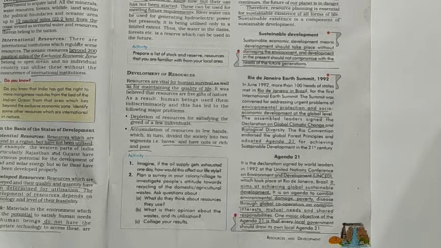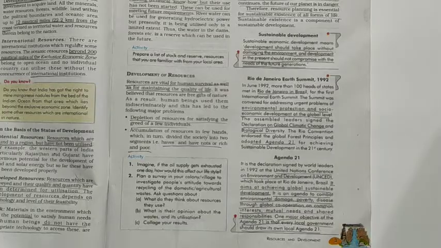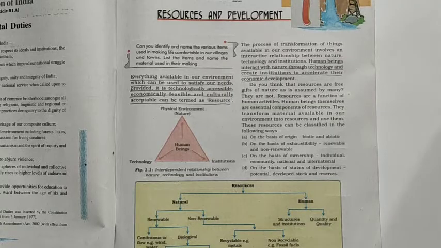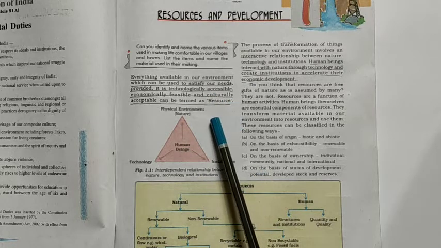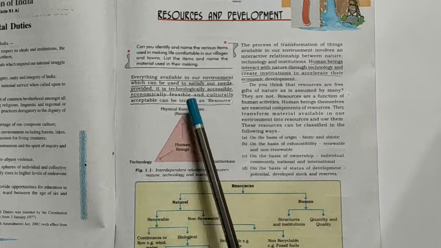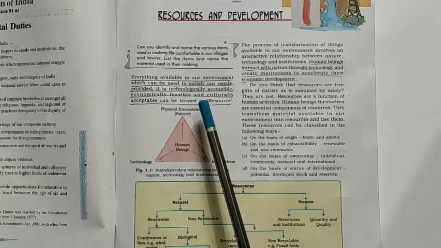We will end the class today here, and the next topic will be discussed in the next class. Before that, let's recall what we have studied. Today we have studied what is a resource. Resources have three important components or factors. They are technologically accessible, economically feasible, and culturally acceptable.